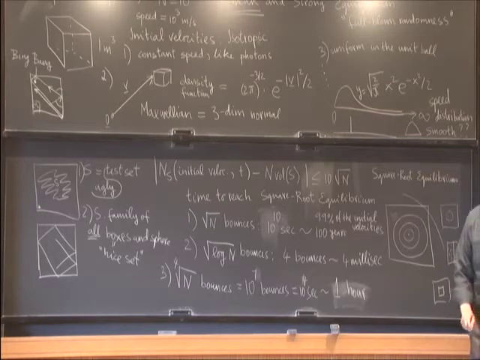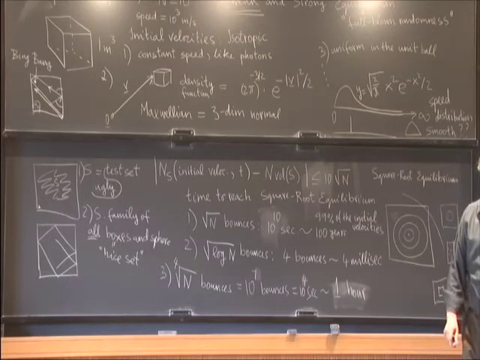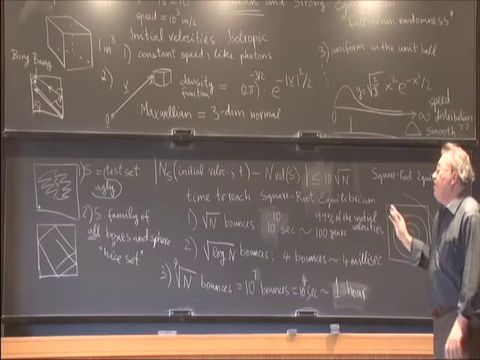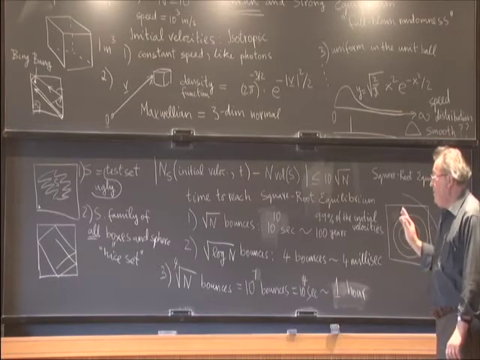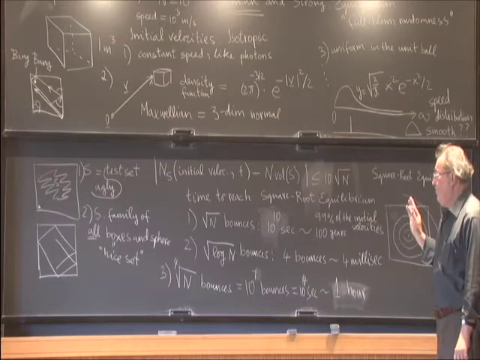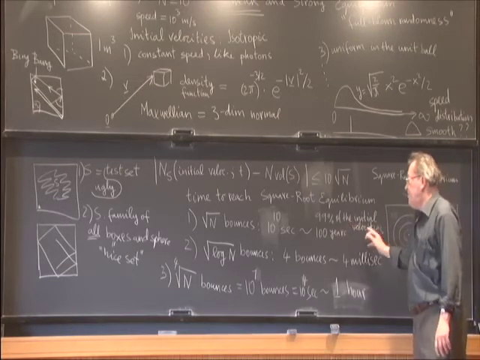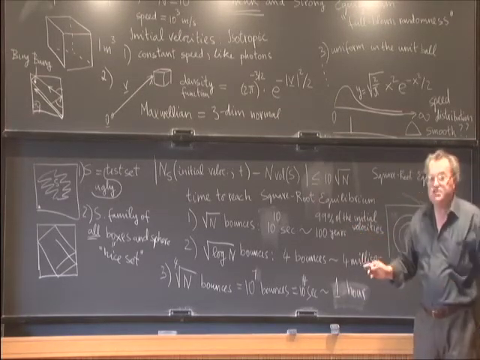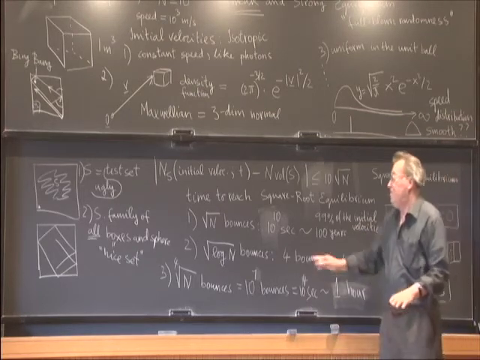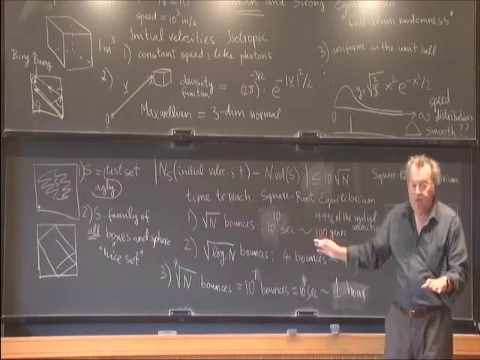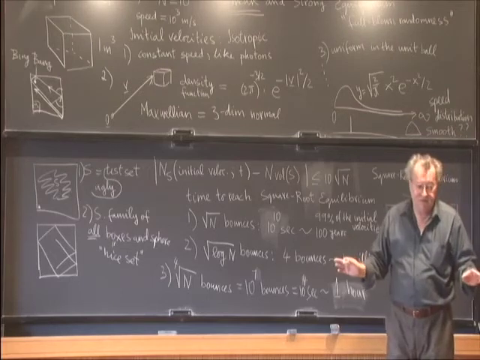And you will find a translate which is bad. Then the statement is that for 99% of the initial direction distributions with constant speed, it takes 100 years.